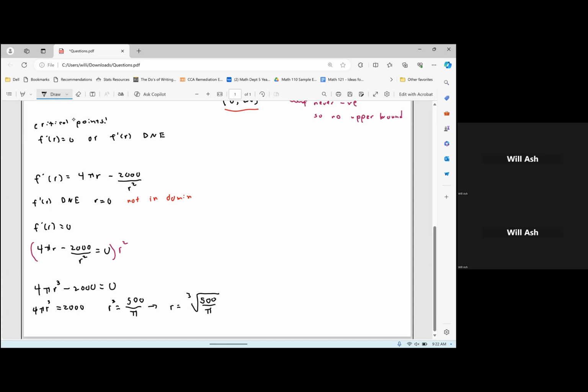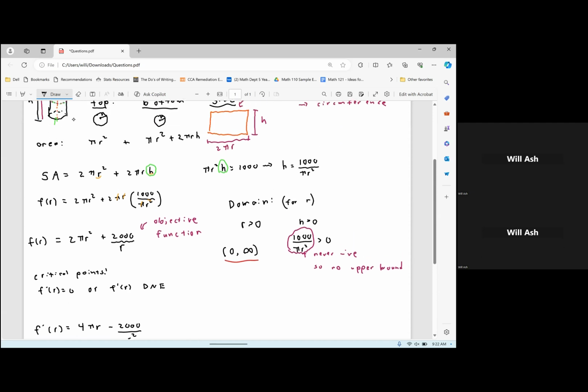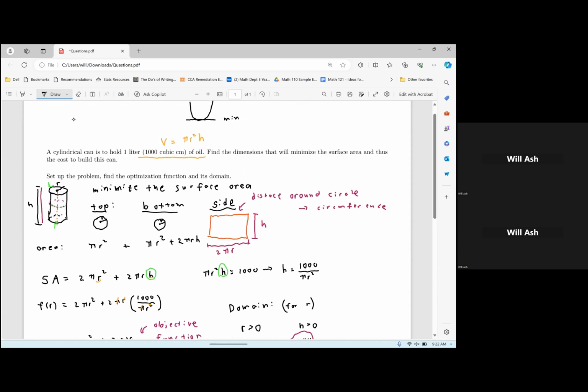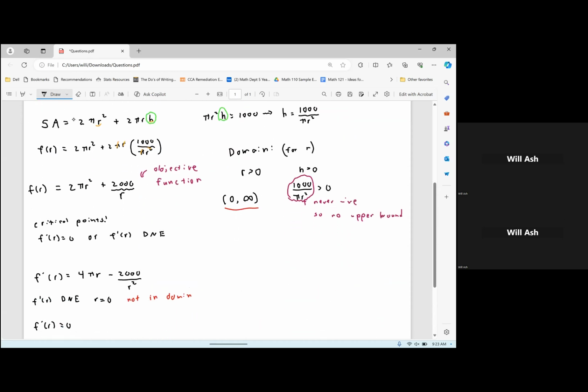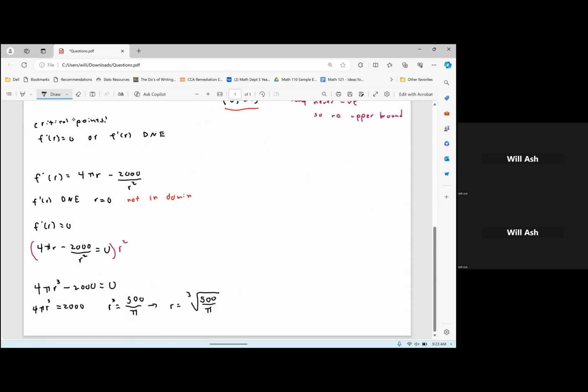Let's see. Did it only ask for the radius? No, it asked for the dimensions. Okay, so that means we also want to find h. h is 1,000 over pi r squared. Geez, I guess we'll just plug all this stuff in, huh?